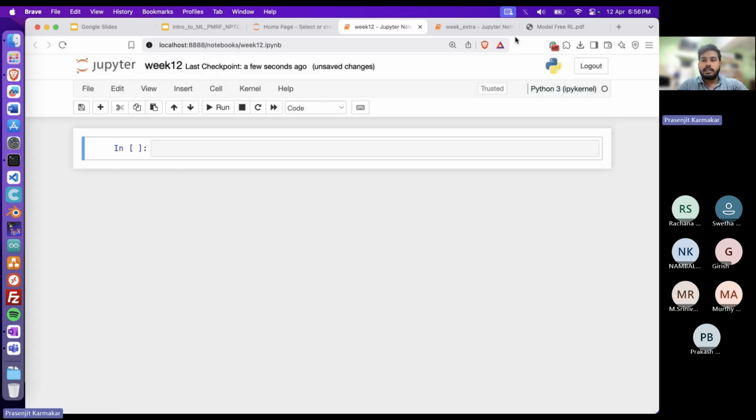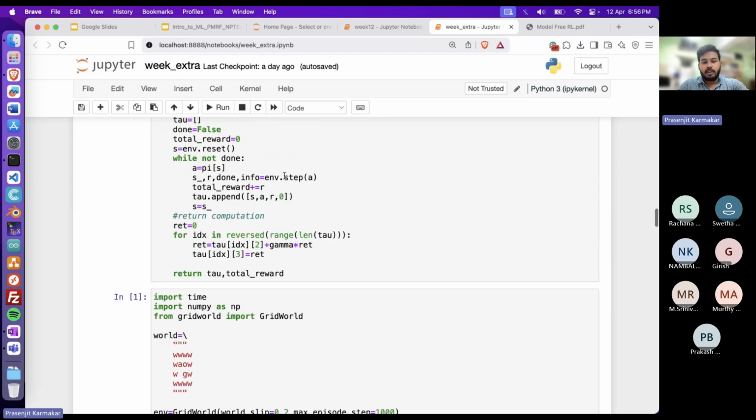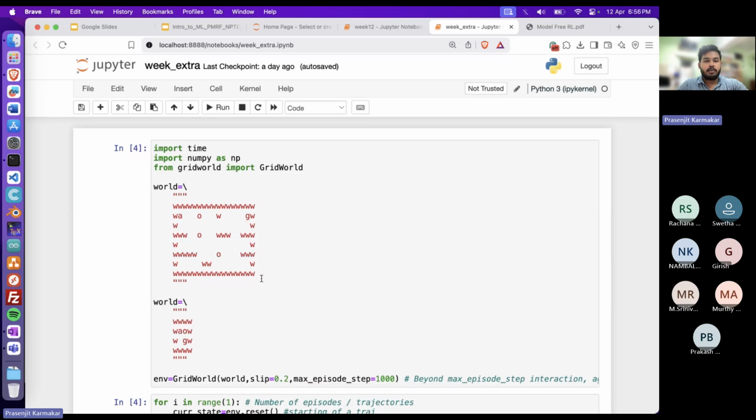Let's take some environment which I know is not possible to solve by policy evaluation. Let's take this environment.